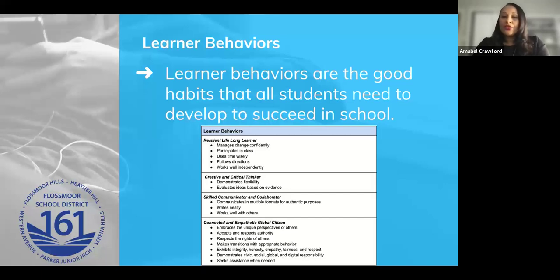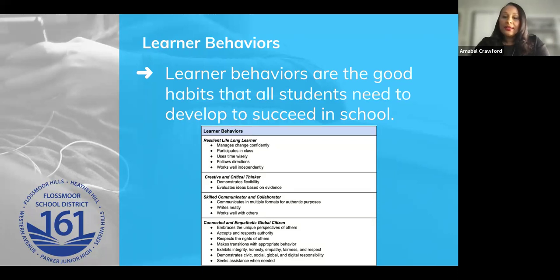But we've narrowed down our learner behaviors based on the categories of our Portrait of a Graduate in SD 161. So things like managing time effectively, following directions, communicating, writing neatly, those will now all be measured on a report card separately from what a student can demonstrate academically.